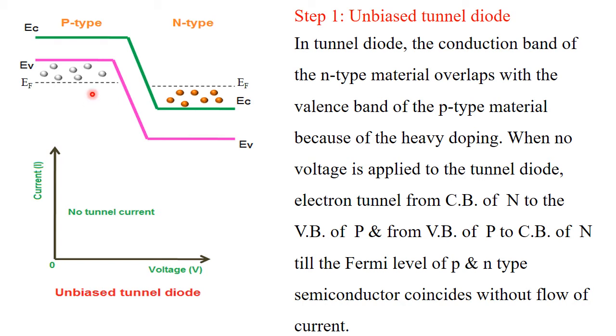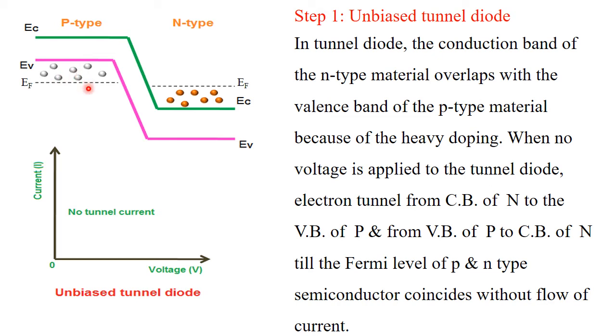In the case of a tunnel diode, since it is a heavily doped PN junction, you can see the barrier potential is very large near the junction. The depletion width is very small, and the conduction band of the N-type semiconductor comes exactly in front of the valence band of the P-type.